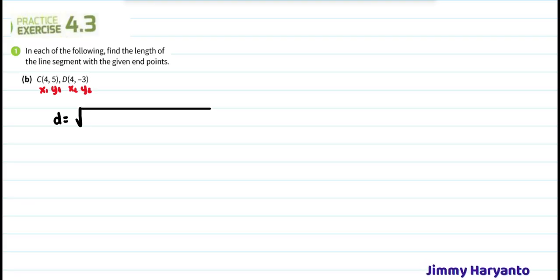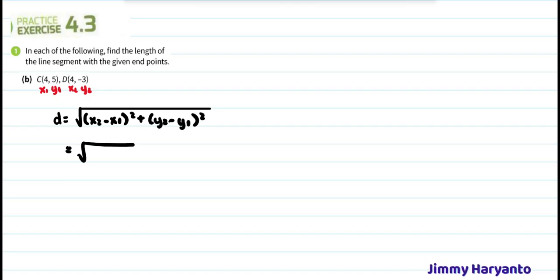Next is practice exercise 4.3. Find the length of the segment. So this one is x1, y1, x2, and y2. Use the formula. The length of the line segment is the square root of x2 minus x1 squared plus y2 minus y1 squared.